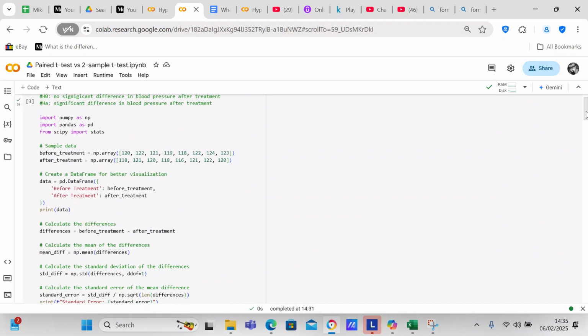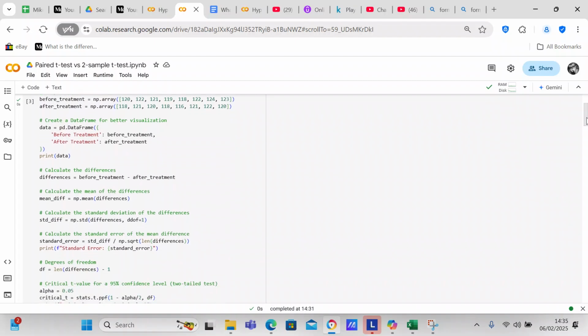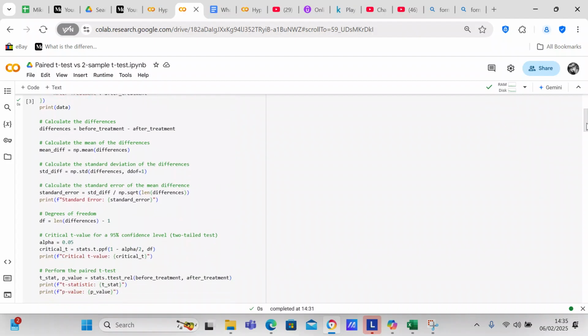Then we're going to do our sample data, which is before treatment, an array of blood pressures, and after treatment, an array of blood pressures as well. Then we create the data frame, with one column for before treatment and another column for after treatment.